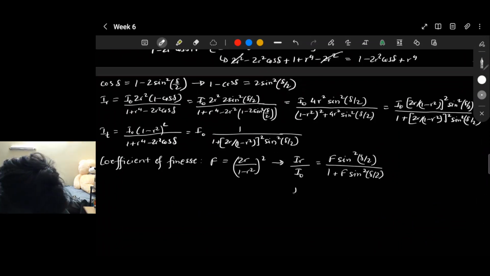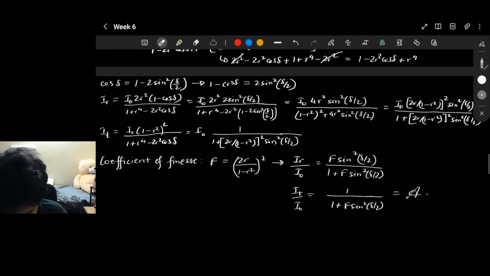And similarly for the transmitted, the ratio, and this term is basically given a special symbol A delta.